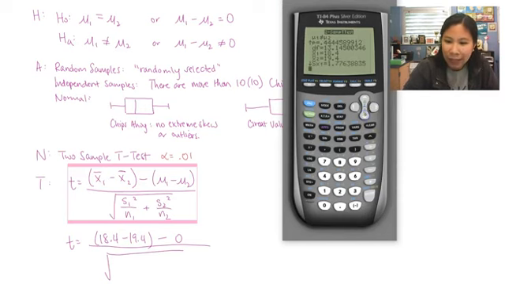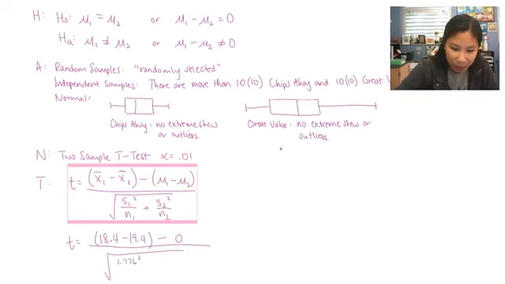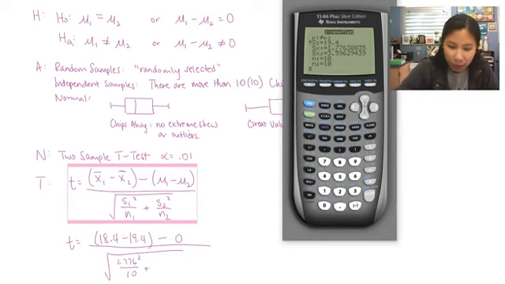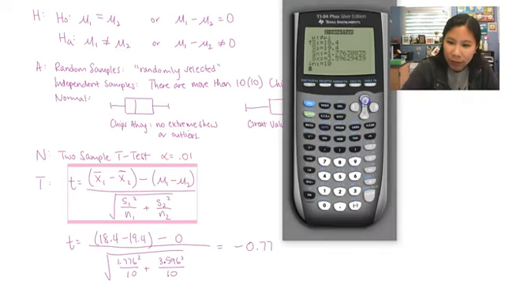And then when you scroll down, you should be able to see all your standard deviation numbers, and also n, in case you didn't know your sample size. All right, so I've plugged everything in, but we're just going to take the number that our calculator gave us for our test statistic, negative 0.788.